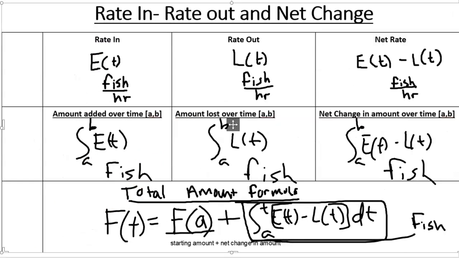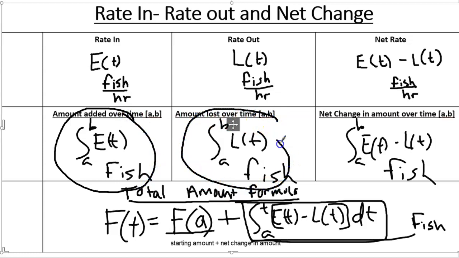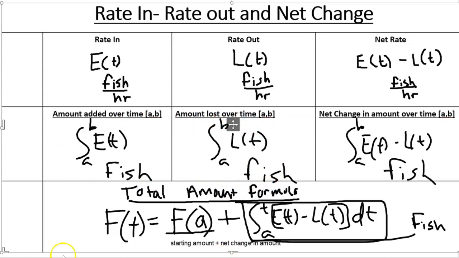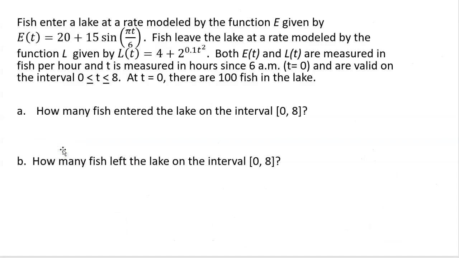Now we had this little chart a while back. Let me recenter it here. As you can see, if you want to find the total number of fish that entered the lake, you're going to use that formula. And if you want to find the total number of fish that left the lake, you're going to use that formula. So it's helpful to have that little chart right up front so that we know exactly what to do.